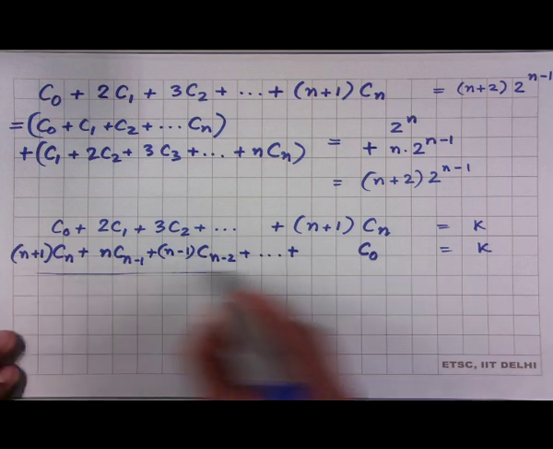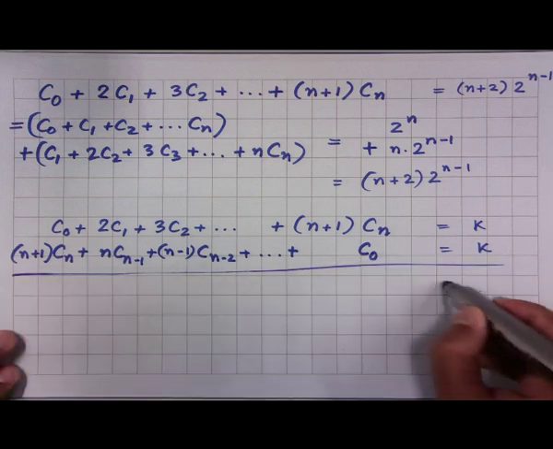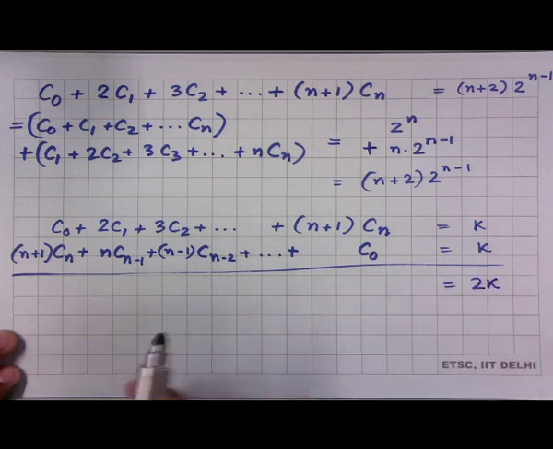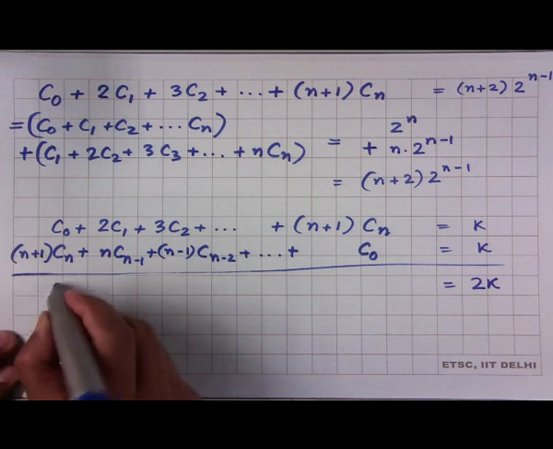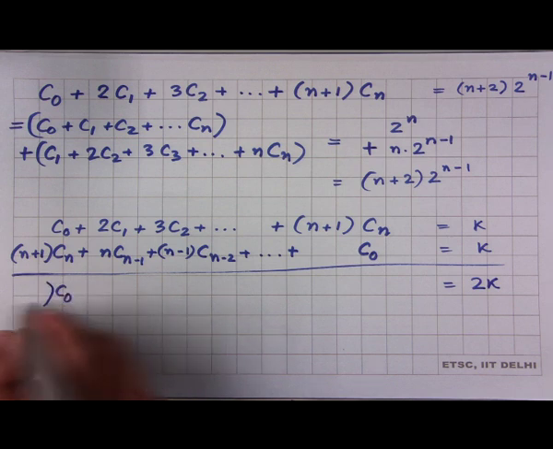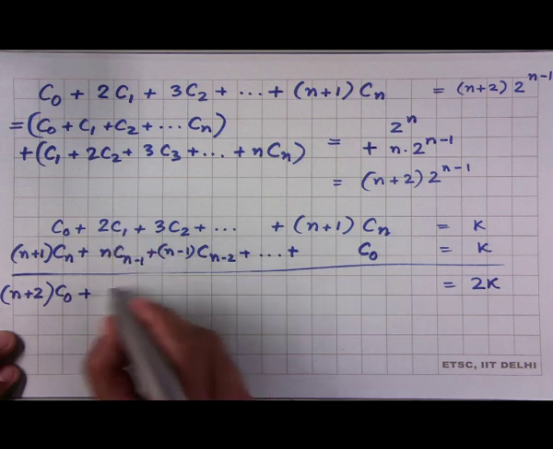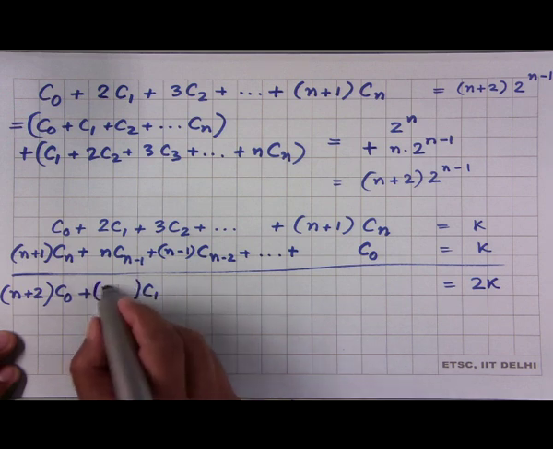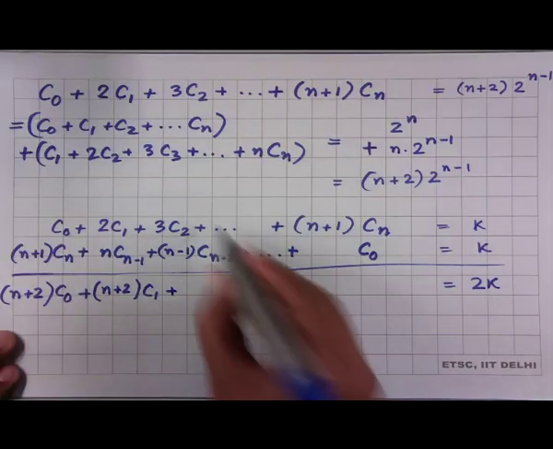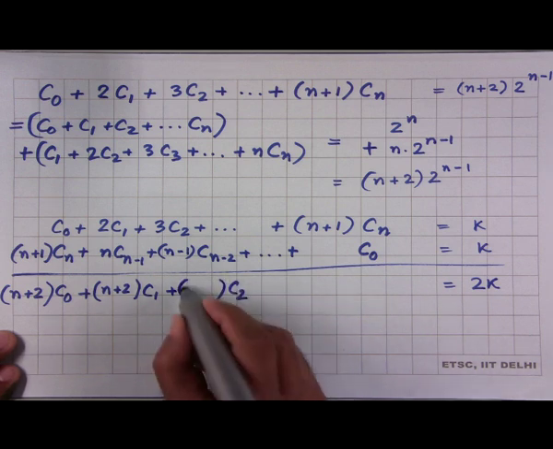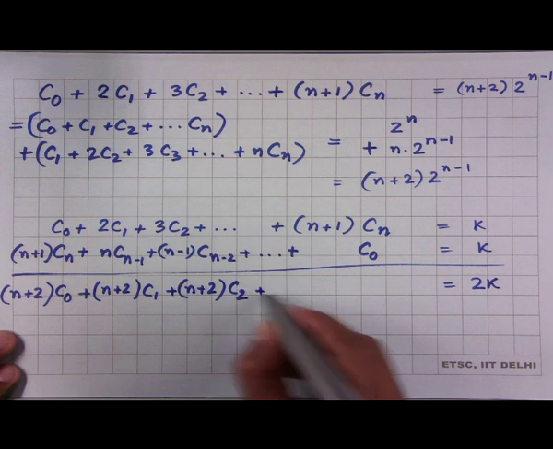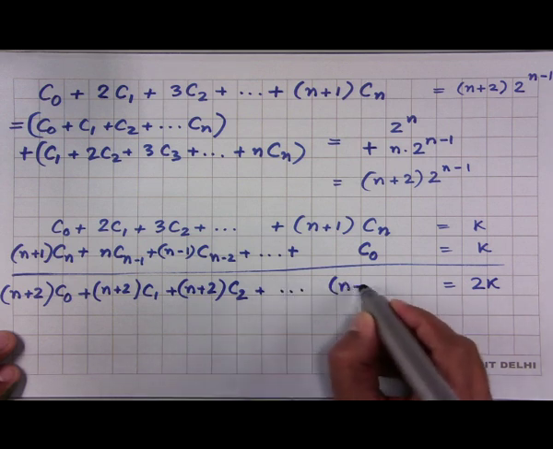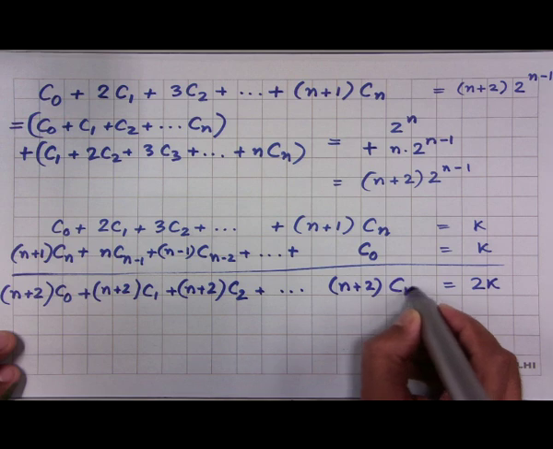C n is the same as C 0. So, when you add these two, you get 2 k on the right hand side, and on the left hand side you get C 0 times (n plus 2) plus C 1 times (n plus 2) plus C 2 times (n plus 2) and so on all the way till (n plus 2) times C n.